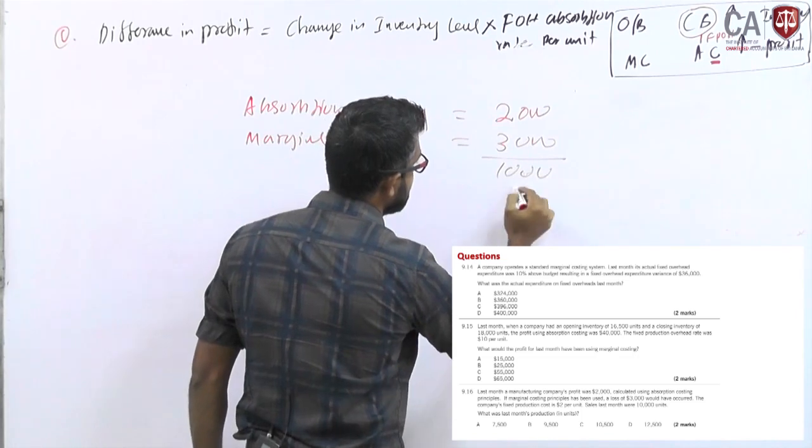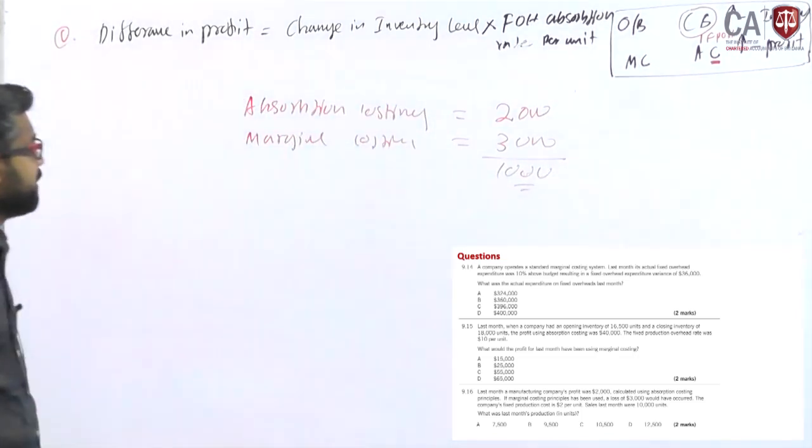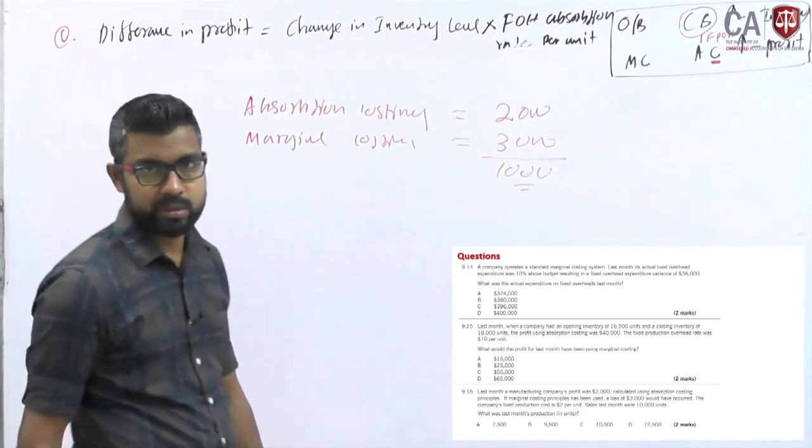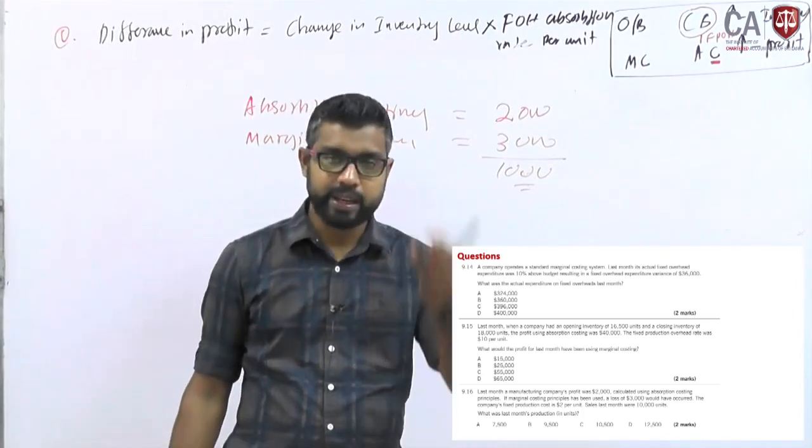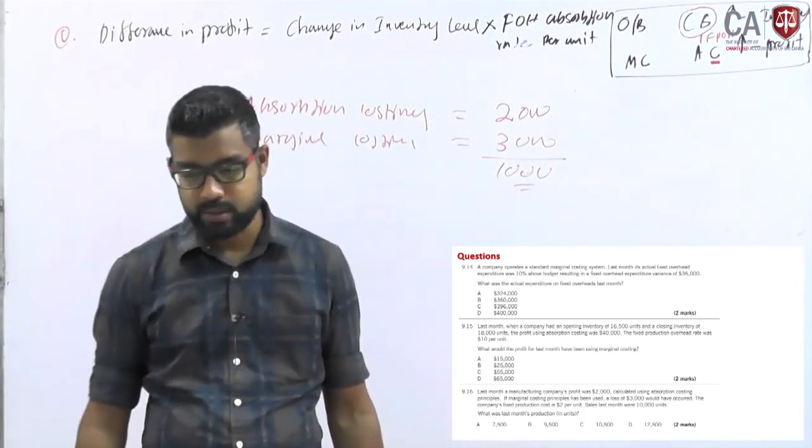Marginal costing profit is higher, which means activity level should have been reduced. If activity level increased, absorption profit should have increased.